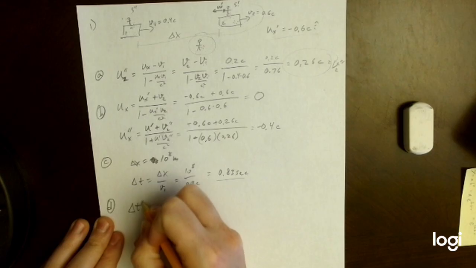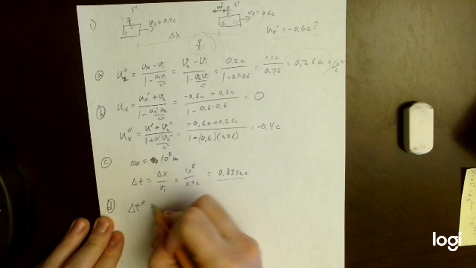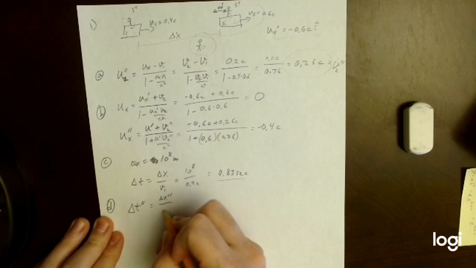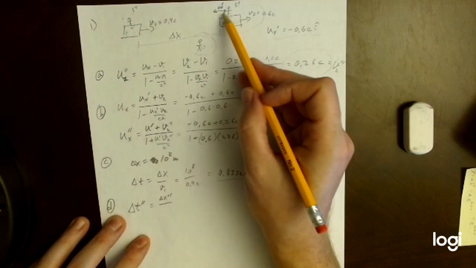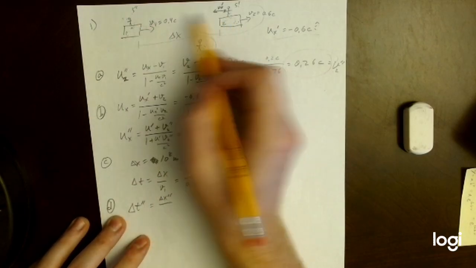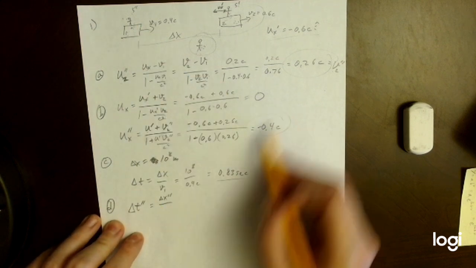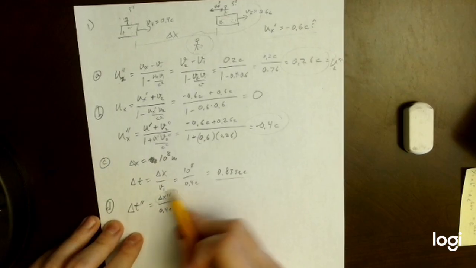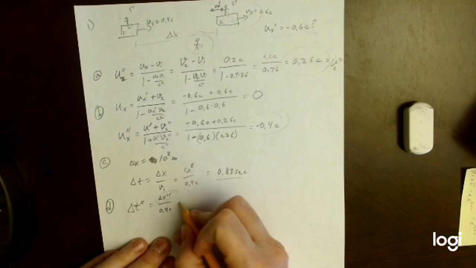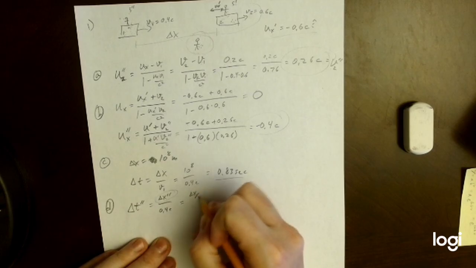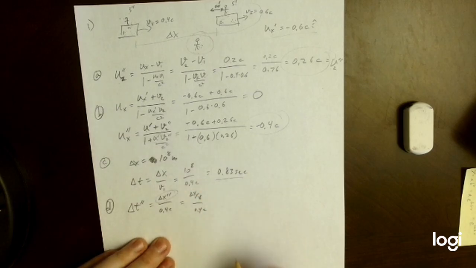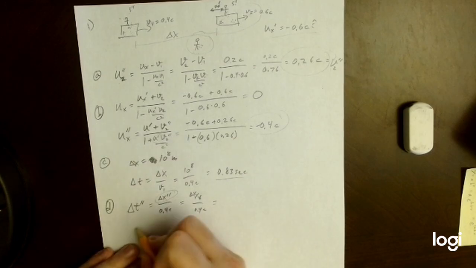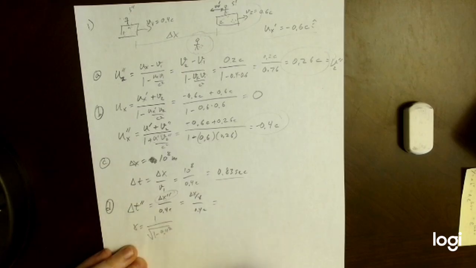Well, delta t double prime will be the distance over, now we saw that the ball races towards the double primed observer at 0.4 c as well, so we'll put 0.4 c down here, but this distance is going to be length contracted from this person's perspective, and so this is delta x over gamma over 0.4 c. And that gamma here, we can real quick just do a 1 over square root of 1 minus 0.4 squared gives about 1.1 approximately.